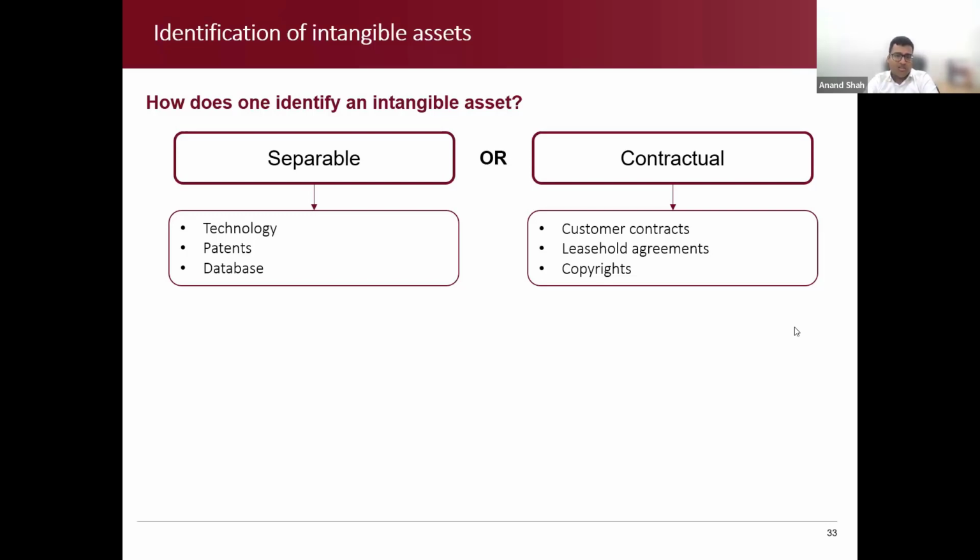So it doesn't need to be contractual. It's a relationship I have. And most of the time, customers will move to the acquirer in that case. So it's very common. In fact, it's one of the most commonly recognized intangibles, the customer relationship.